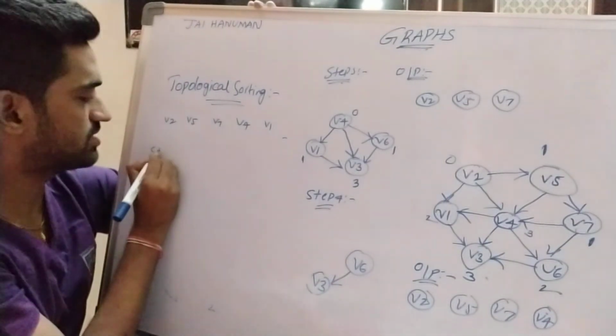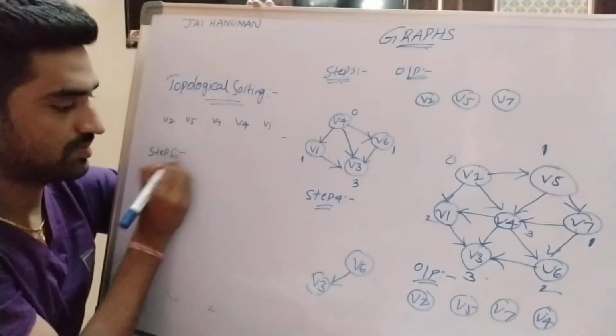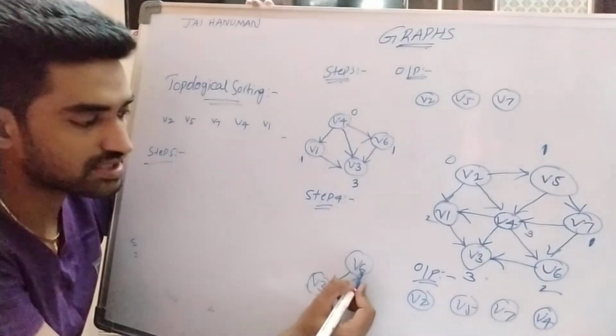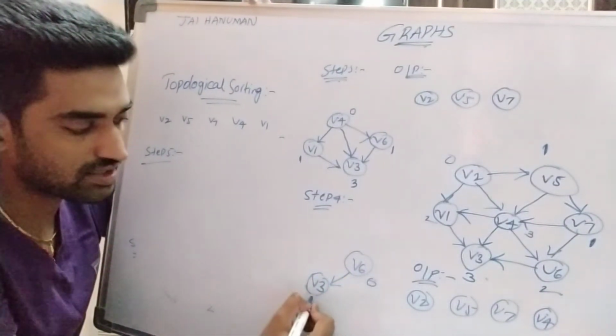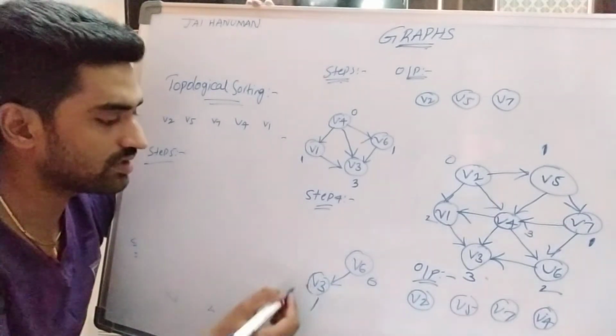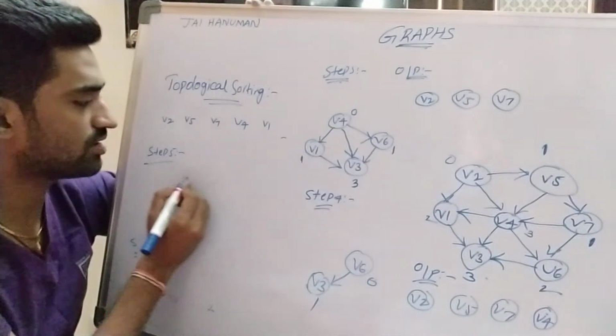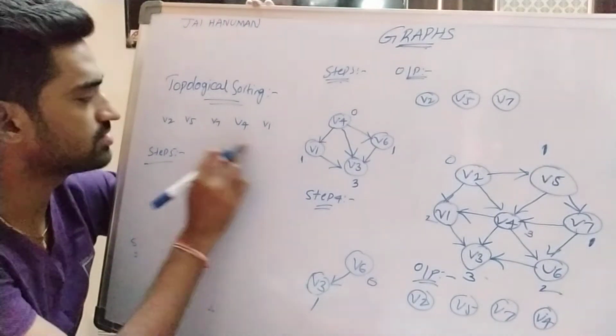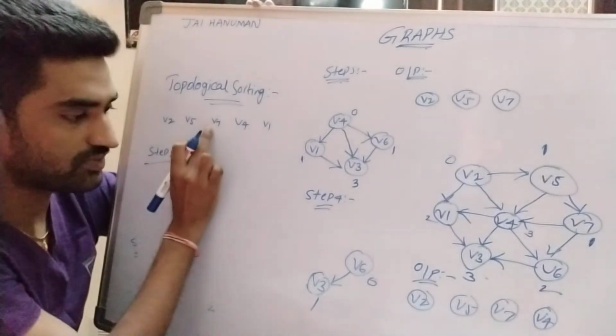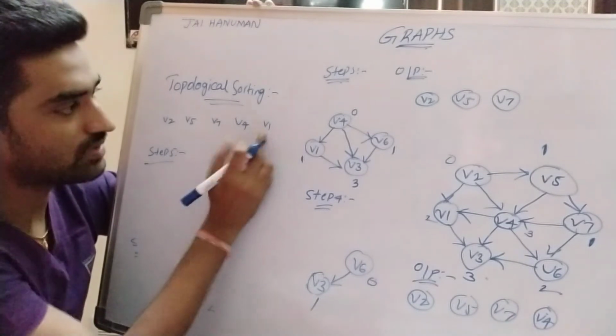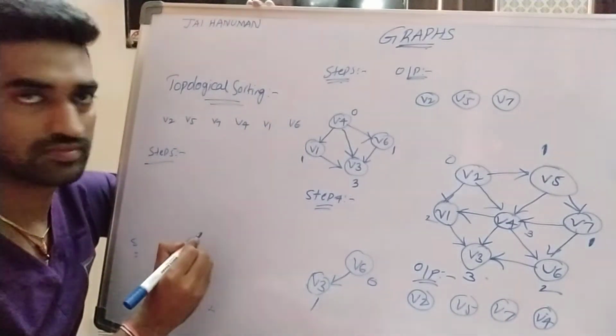So in step 5 I am calculating the in degree. So what is the in degree for V6? 0. What is the in degree for V3? 1, right? So that's why we can remove V6 from the graph and add it to the output, right? Now output contains V2, V5, V7, V4, V1, V6, right?